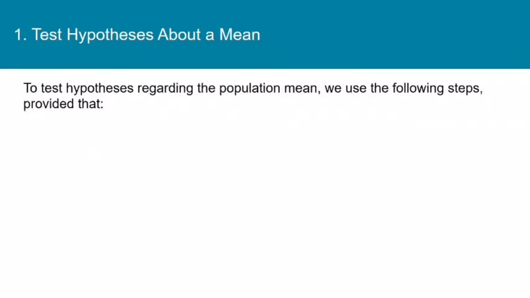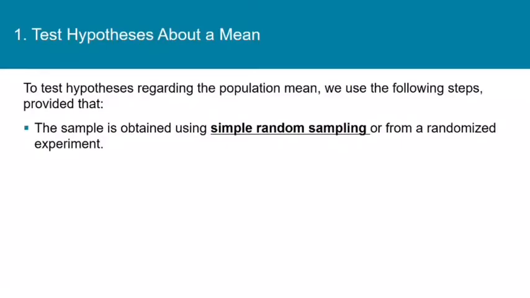Now, just like we saw with confidence intervals, there are certain criteria that have to be met before we can perform the hypothesis test. So, before we can conduct a hypothesis test, we have to know that the sample was obtained using simple random sampling, or it came from a randomized experiment.